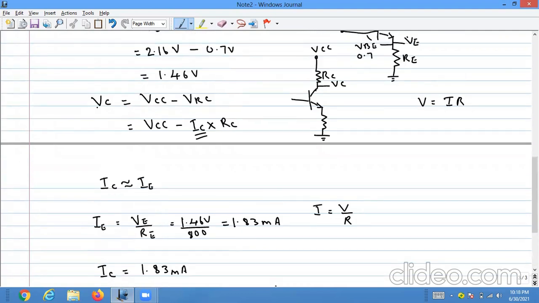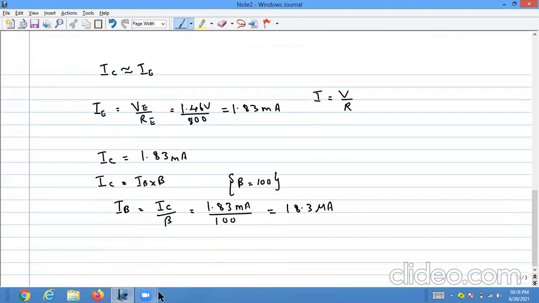Next we need to find VC. VC is equal to VCC minus IC RC. IC I already found out, VCC we know, RC we also know. So just substitute: 12 minus IC, which is 1.83 milliamps, into RC, which is 2.2K.